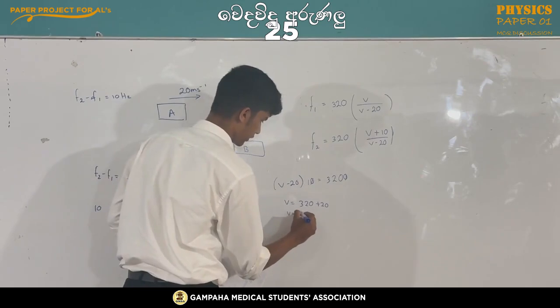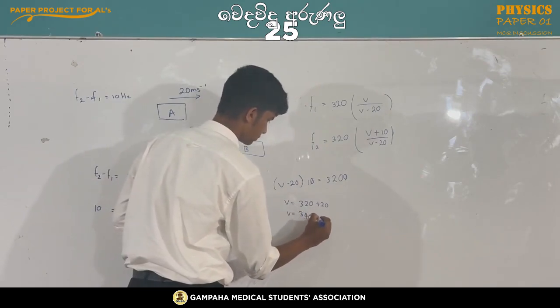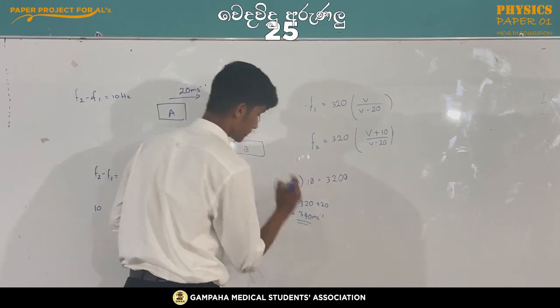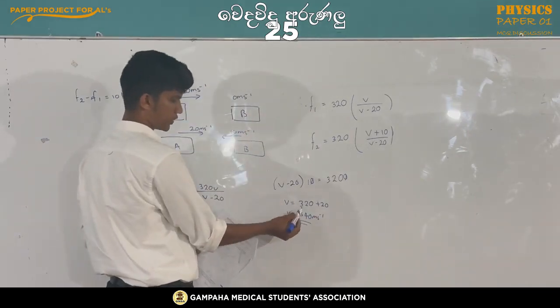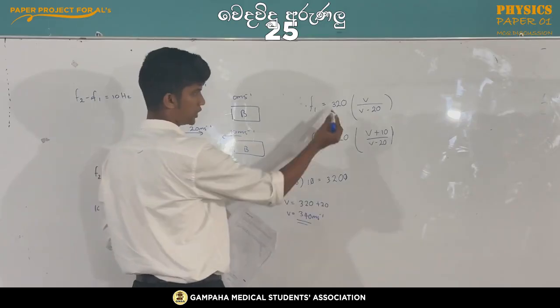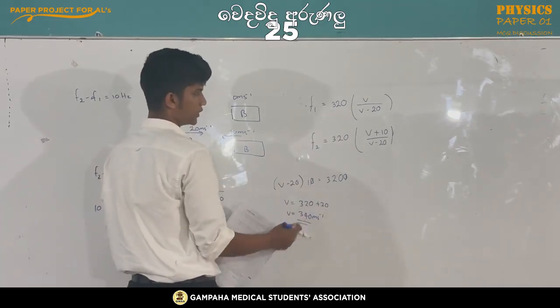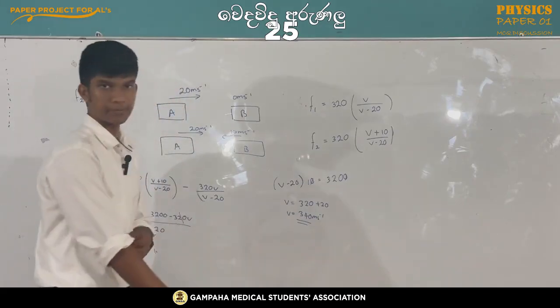V is equal to 340. Then substituting the value of V into these two expressions, we can find the frequencies F1 and F2.